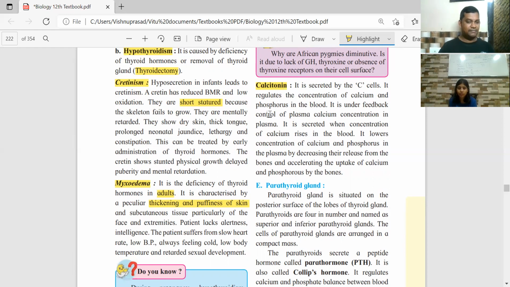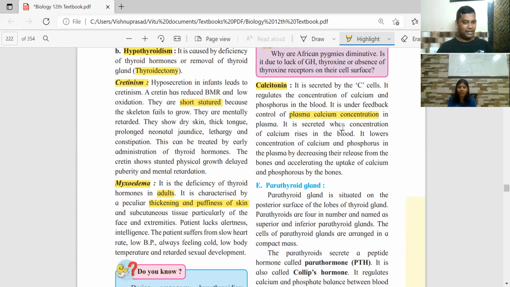Whether the plasma calcium concentration is less than required or more than required, there is a negative feedback control by which calcitonin decides. If the calcium is more than what is required, then calcitonin will be secreted that will stimulate the bones to take up the calcium from the blood and get it deposited on the bones.